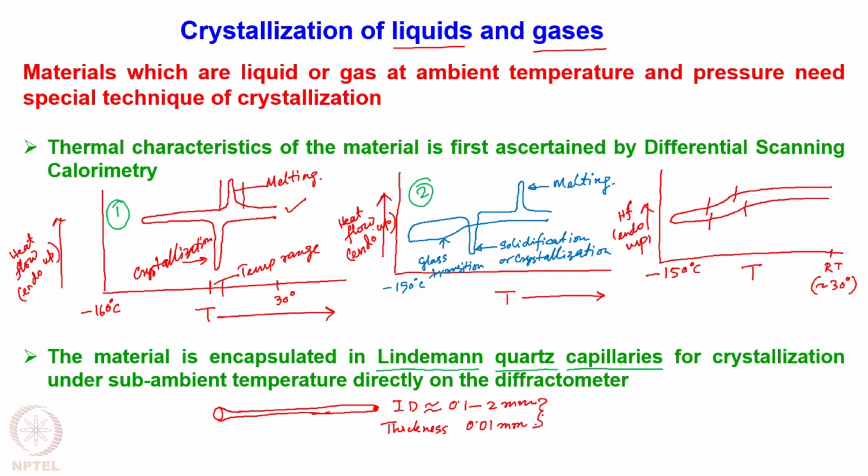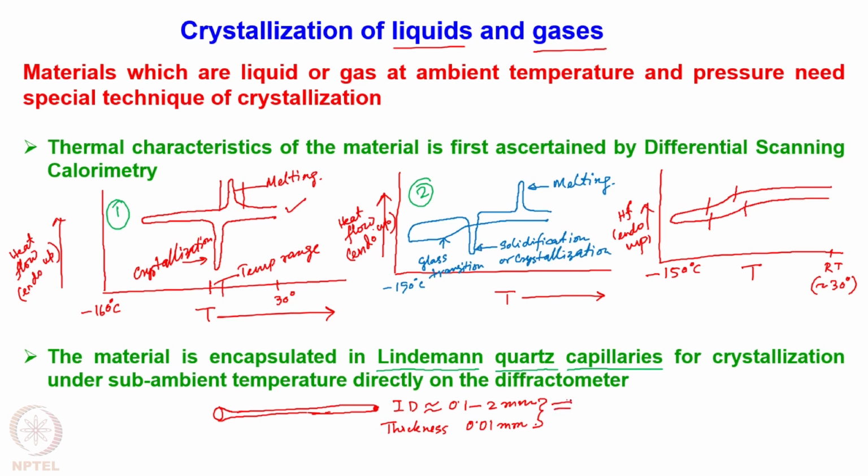So these are special capillaries which do not absorb the X-rays that we use for X-ray diffraction experiments, and we use these capillaries to do the crystallization of liquids directly on the diffractometer.